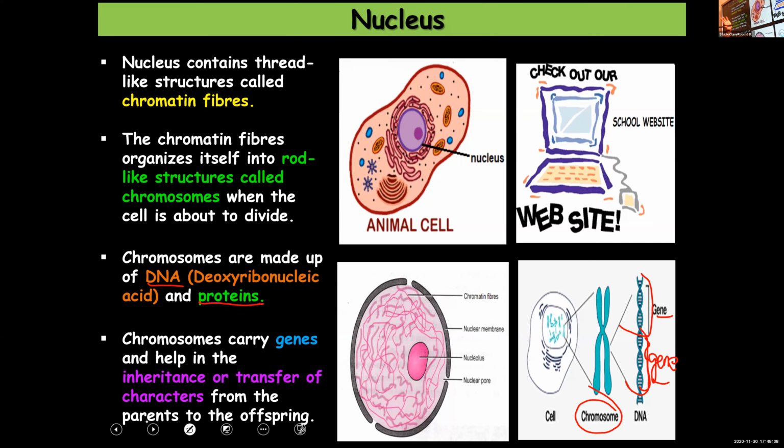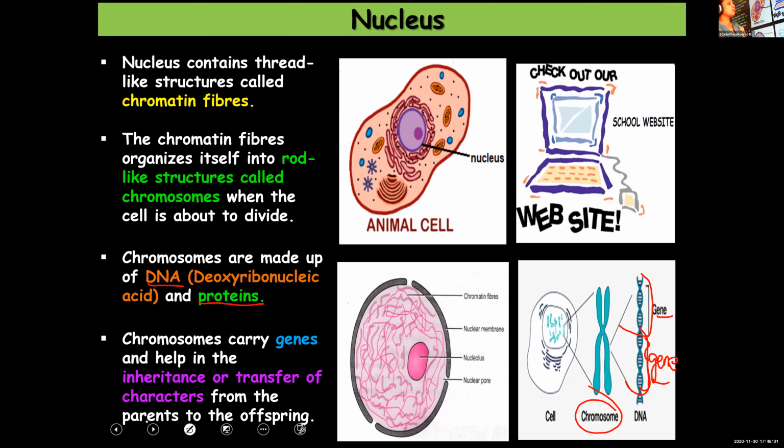Okay, and here this is the point which I missed out. Here I've shown the picture of a school website, just a symbolic representation. So chromosomes can be compared to the school website. Throughout, we had been comparing the different components of the cell to a counterpart in our school.